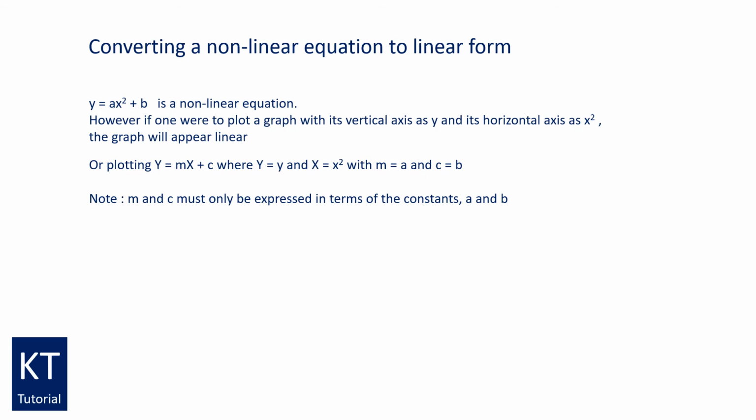This is in a way saying that for the equation capital Y equals m capital X plus c, we would have its capital Y being equal to y of the first equation and the capital X being equal to x squared of the first equation, with m now being equal to a and c being equal to b. Note that m and c must only be expressed in terms of the constants, which are a and b.